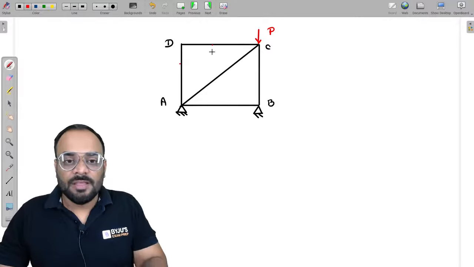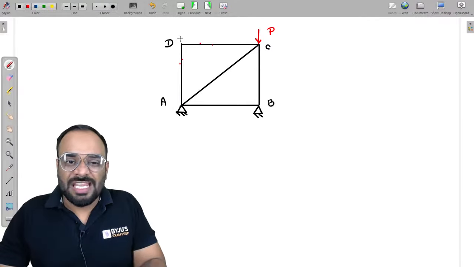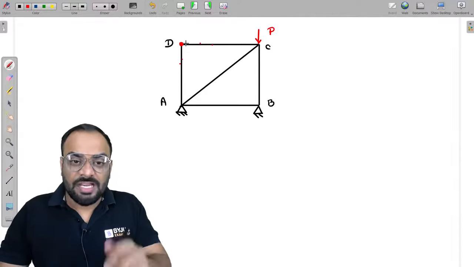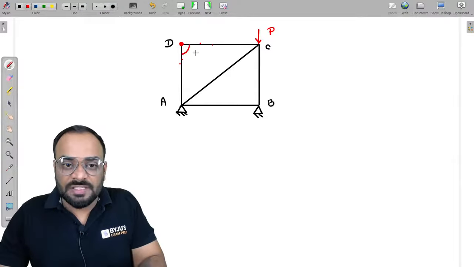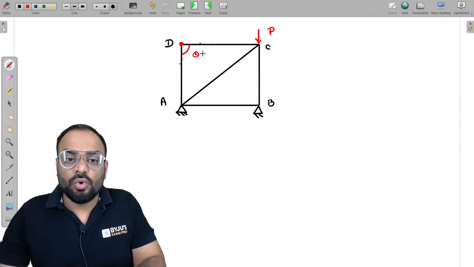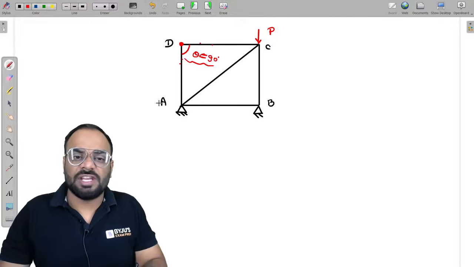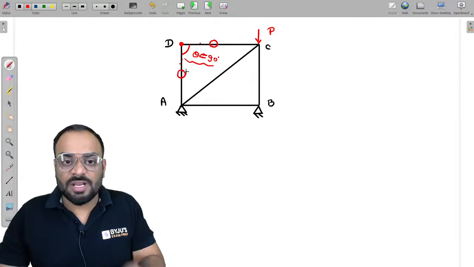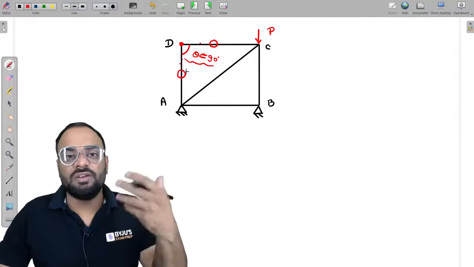These two members do not have any kind of support reaction or any kind of loading at joint D where they are meeting, right? And the angle between these two members is in between 0 to 180 degrees. Right now it is equal to how much? 90 degrees, right? That means this angle is in between 0 to 180. So that's why these two members will have zero force. These two members are zero force. That means they are null force members.